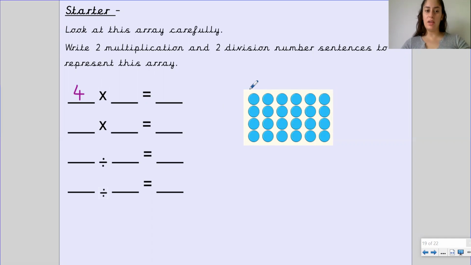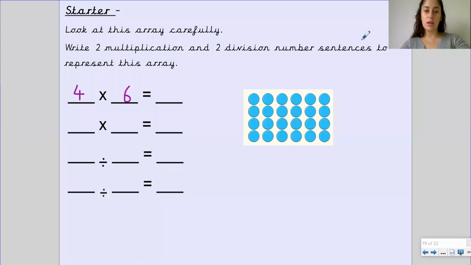And how many are in each row? 1, 2, 3, 4, 5, 6. So 4 times 6 equals. If you haven't got this number sentence, please pause the video and have a go at calculating what 4 times 6 is, and play the video when you're ready.